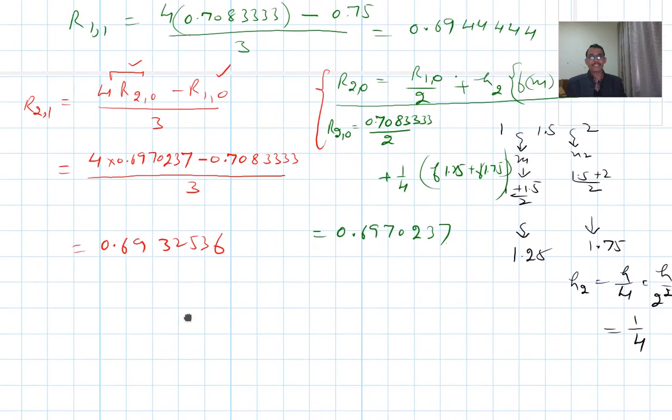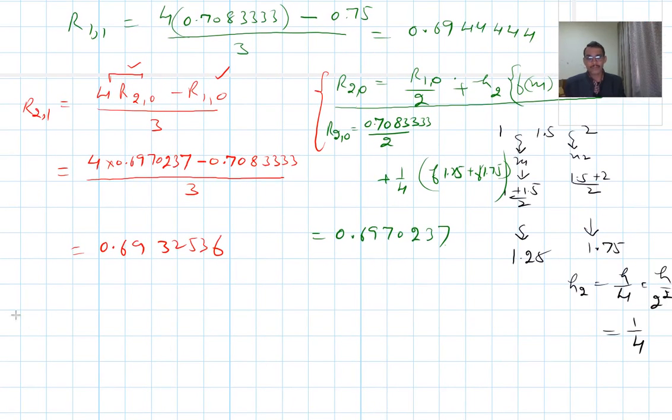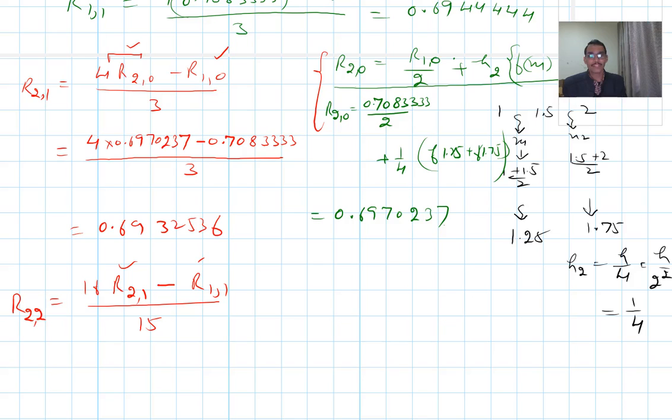Now everything was there. Using all these results, we can calculate R22, and R22 will be 16R21 minus R11 divided by 15, and all the values are with us as we have evaluated these. So let us put their values.